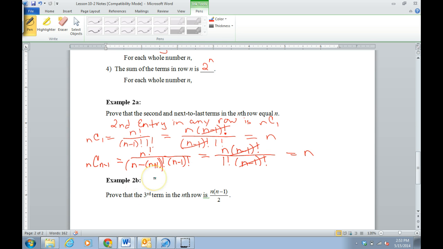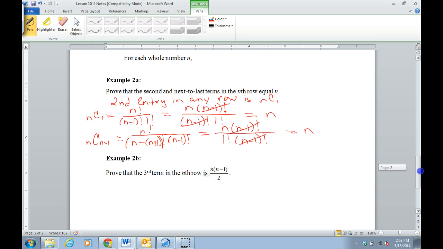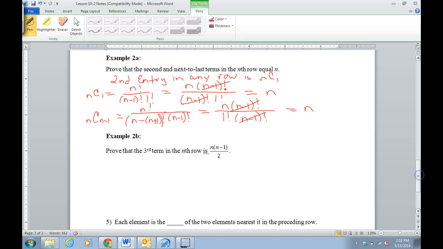So, example 2b, I'm supposed to prove to you that the third term in the nth row is equal to n times n minus 1 over 2. So this one is really not all that hard either. It's just saying prove this is equal to this right here. So if I put that in my formula, I have n factorial over n minus 2 factorial and 2 factorial, correct?